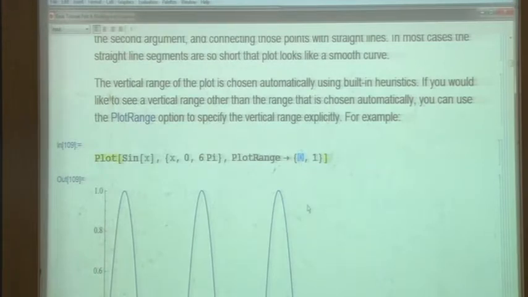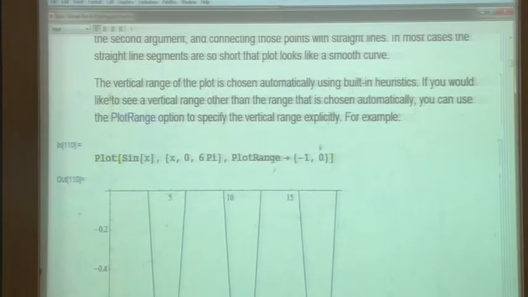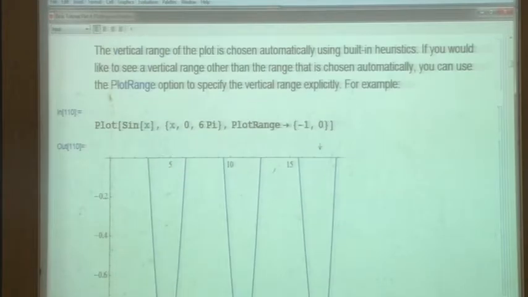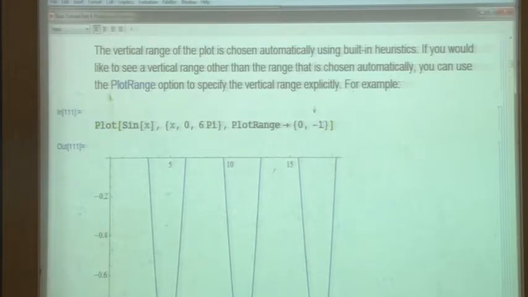How do I fix that? Can I put 0 to -1? Let's try. Maybe we cross Mathematica. Who knows? Mathematica understands both ways. So whatever makes sense to you, right? PlotRange.